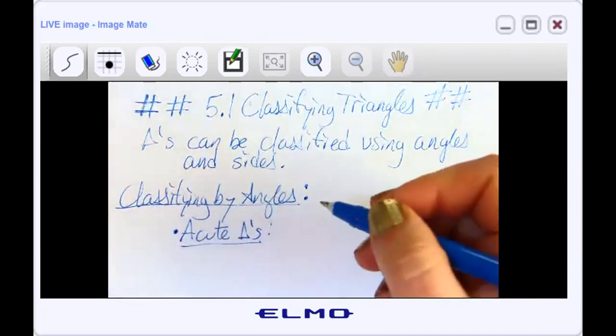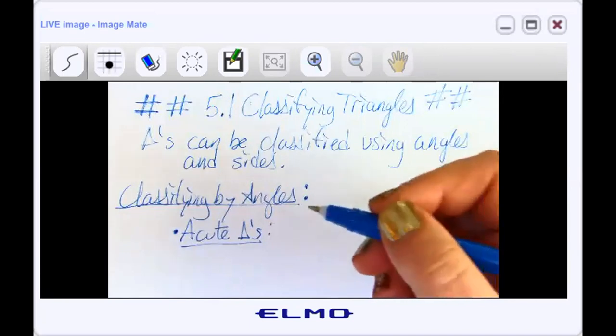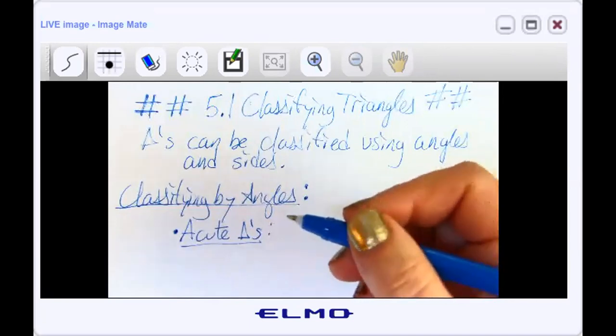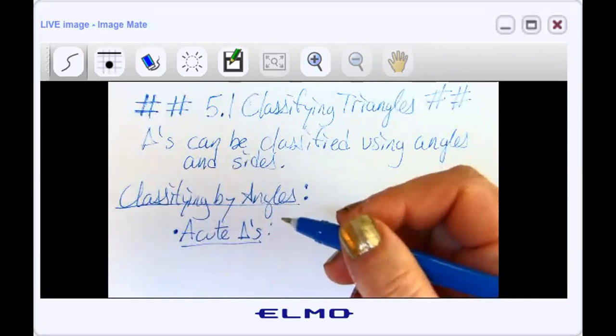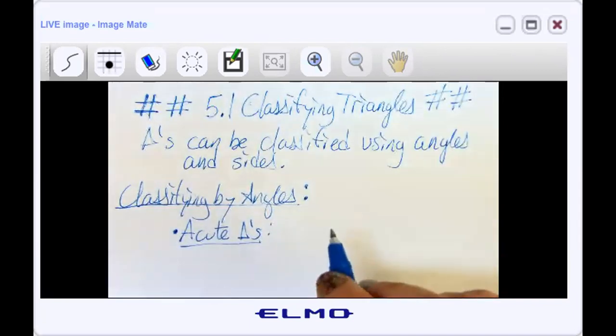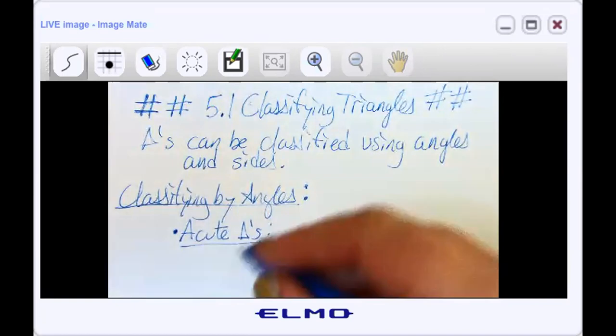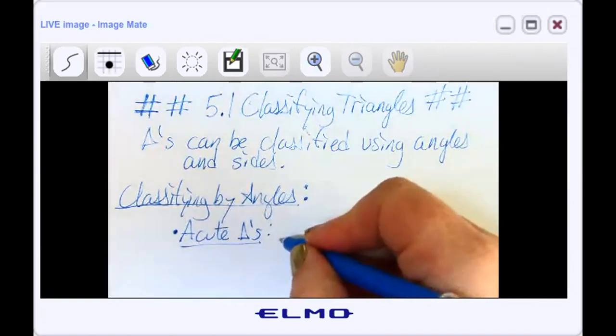Does anybody remember what those have to have? What must an acute triangle have? You don't remember? That's okay, I'll tell you. They have to be under 90 degrees.